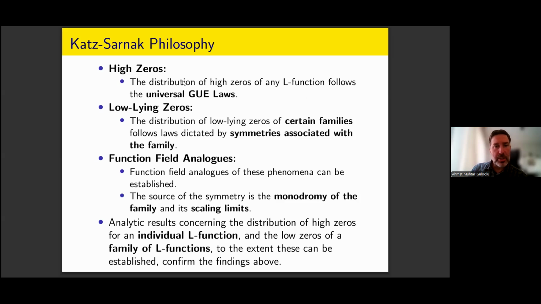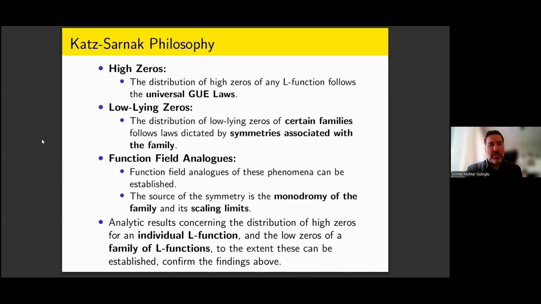So this is a summary of this one. They say, and I'm quoting from their own paper, by the way, that if you take a single L-function and look at the distribution of their zeros along one half, or wherever they are in the critical strip, then you will see that they are not randomly distributed.